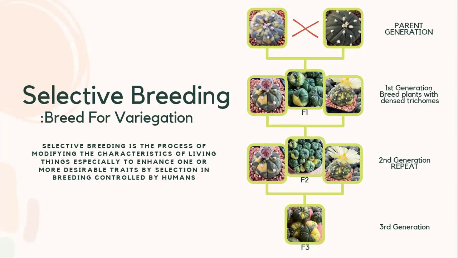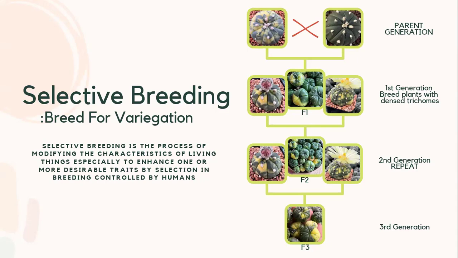Then you select the best variegation and pair them. That's the first generation, or F1. Then you just continue breeding repeatedly until the proportion gets high. If you reach like 50% conversion, that's already considered fixed. That's a very big achievement if you can convert 50%.